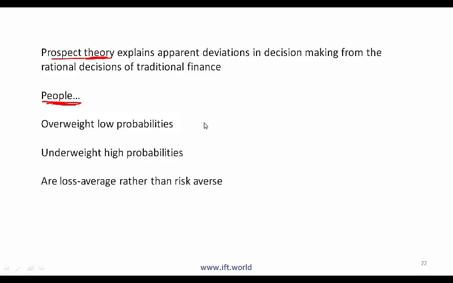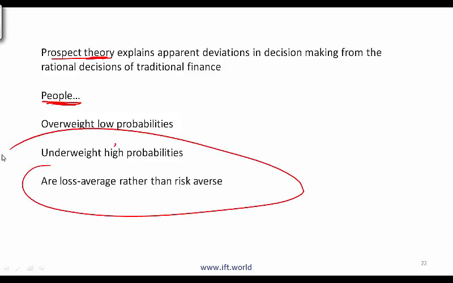If the probability of something going up is 0.8, that's a relatively high probability. In our heuristic, human beings tend to underweight high probabilities. And then finally, something that I've said several times because it's very important, people are loss averse rather than risk averse.